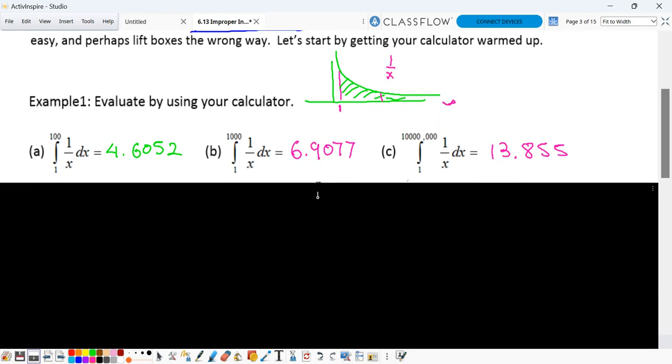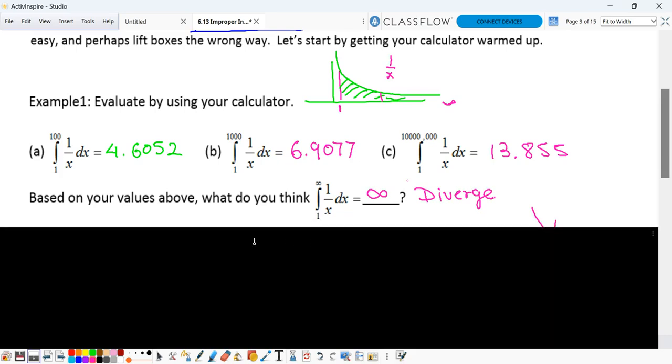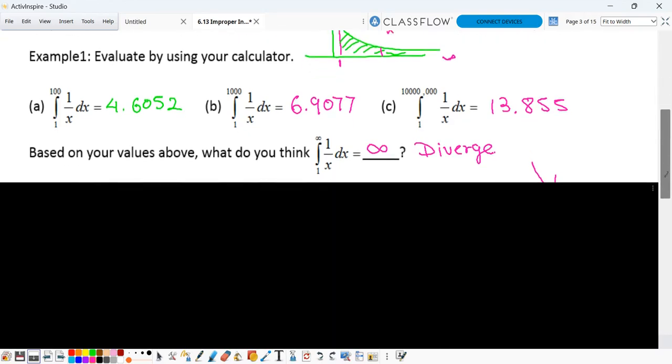Would I get an answer? No. Even if these numbers are slowly increasing, they are increasing. So we say that the integral from 1 to infinity of 1 over x dx diverges. Here we took the help of a calculator, but on the next page we are going to actually evaluate it and see how this integral diverges.